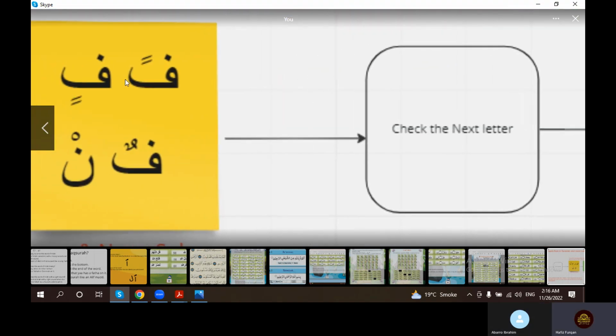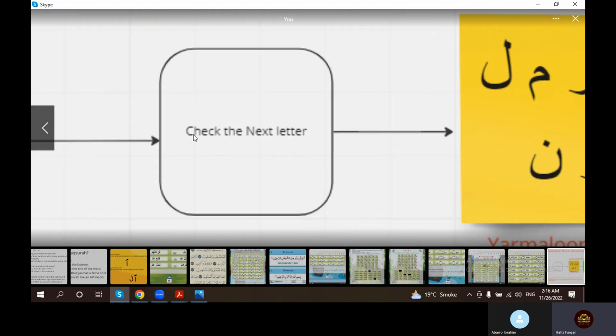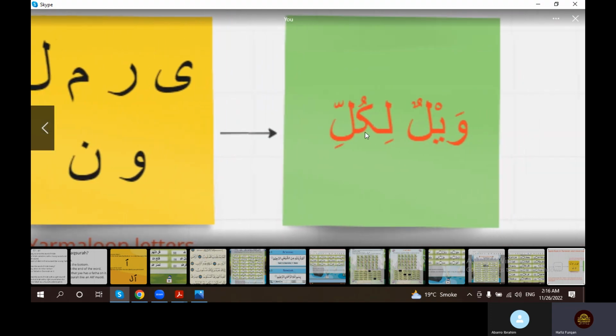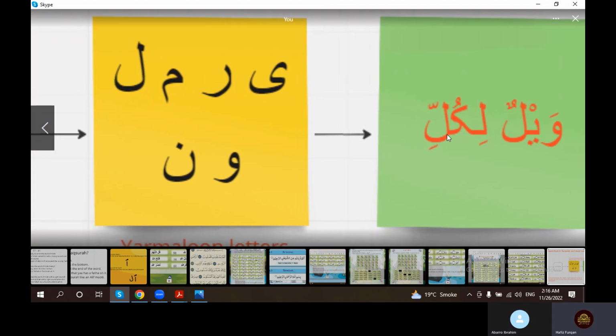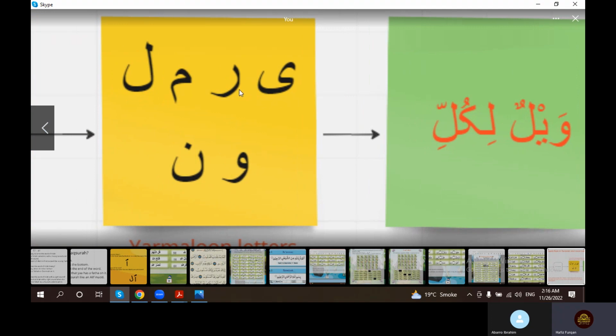When we have fatatain, kasratain, dammatain, or noon sukun, we have to check the next letters. What is the next letter? Lam. We checked the Yarmaloon letters: Ya, Ra, Mim, Lam, Waw, Noon.